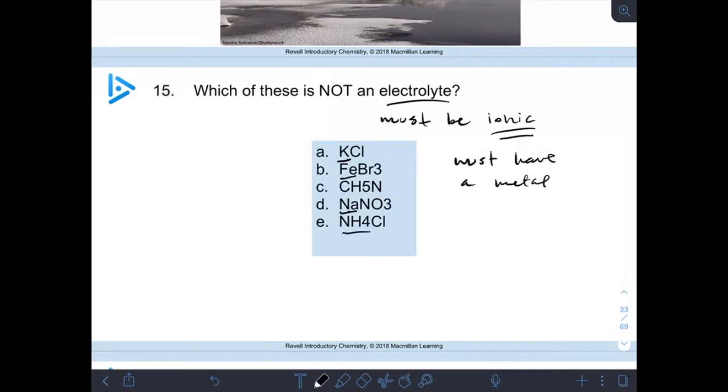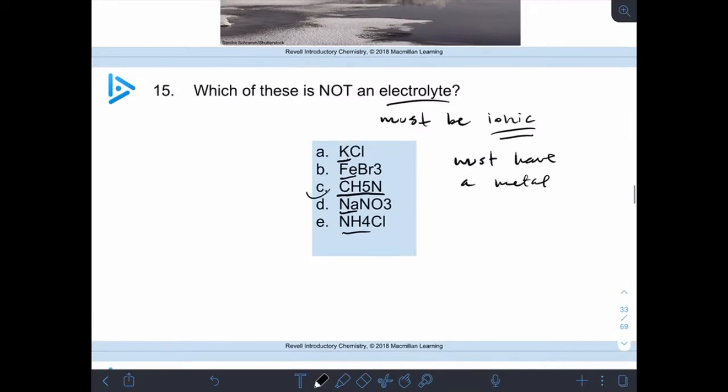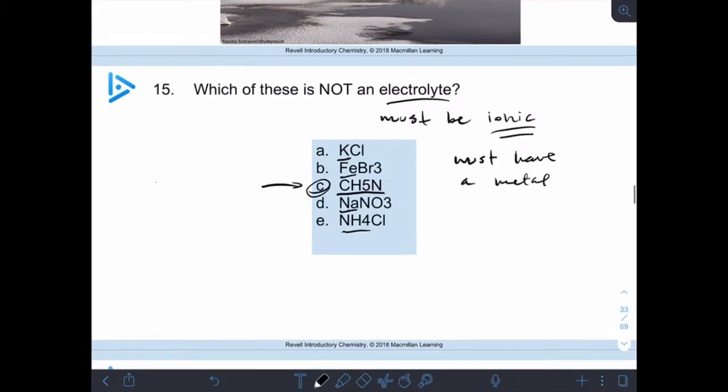NH4, that's an ion. So NH4 and Cl, those are two ions, so NH4Cl is an ionic compound, ammonium chloride. CH5N has no ions and has no metals. So the one that has no ions and no metals is the non-electrolyte.